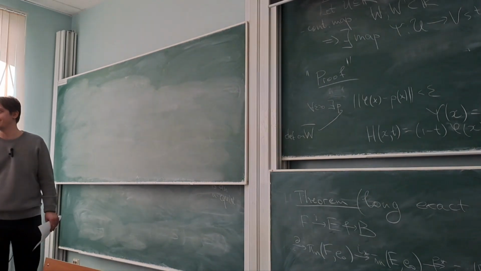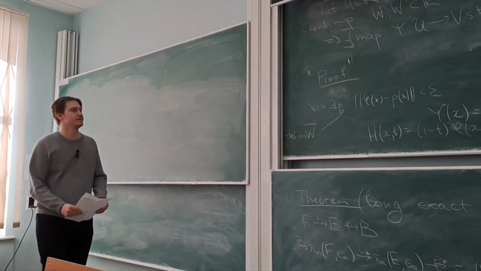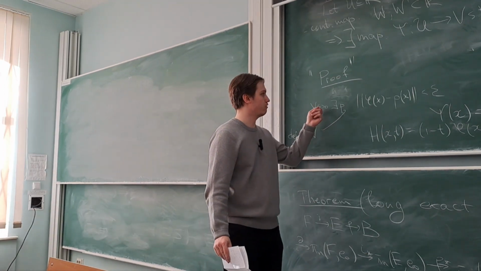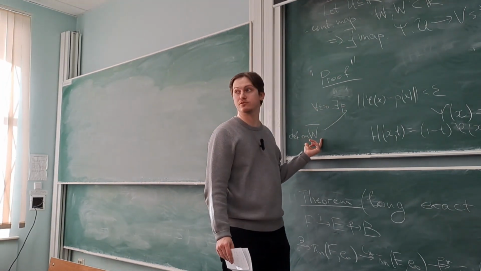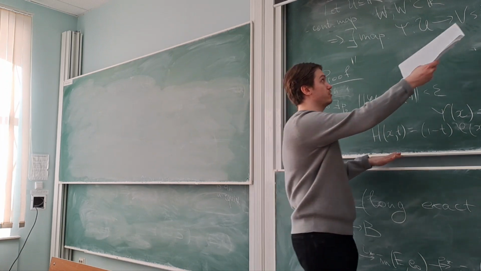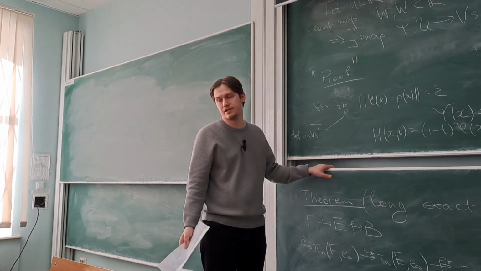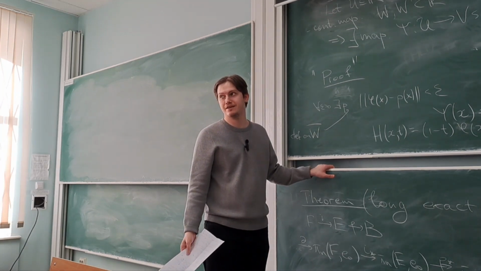Вообще для любого эпсилона существует полином на замкнутом ограниченном множестве. Я тут написал «ограниченном», это важно, потому что приблизить можно только на ограниченном. Это теорема Стоуна-Вейерштрасса.